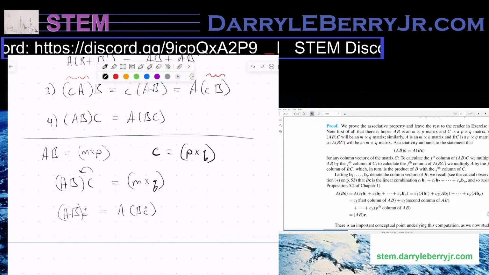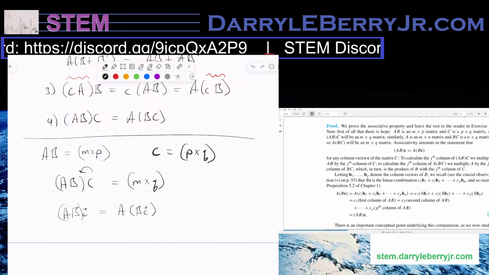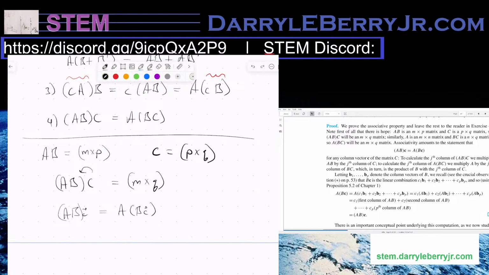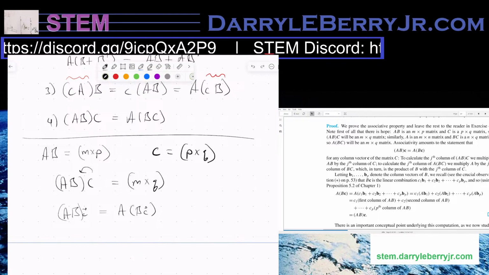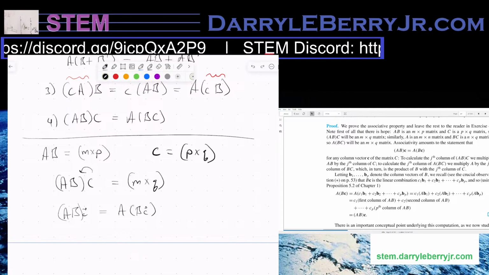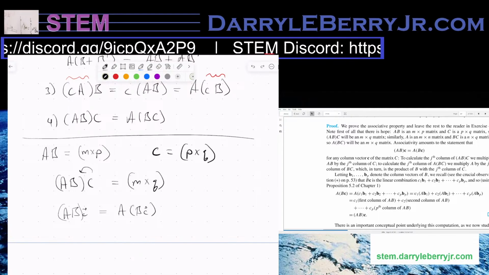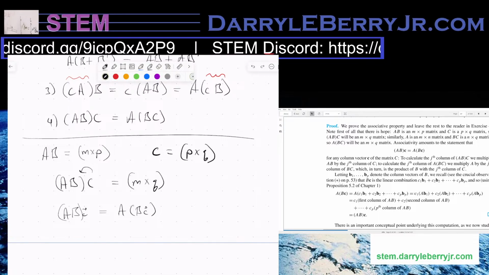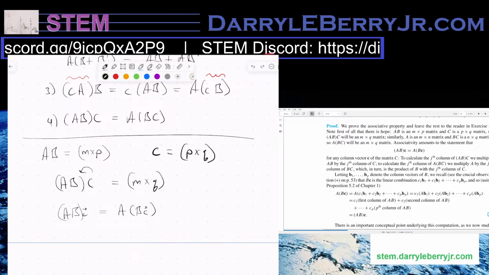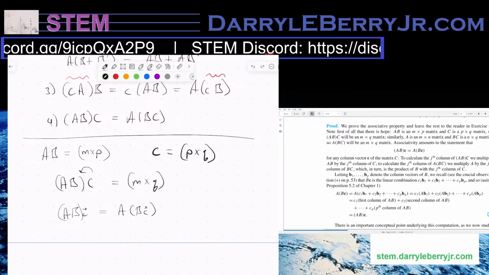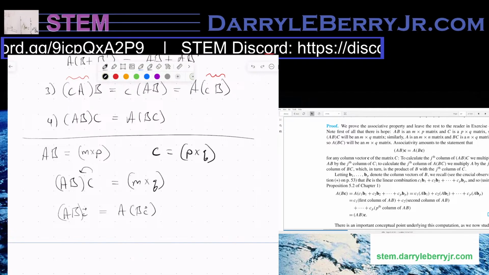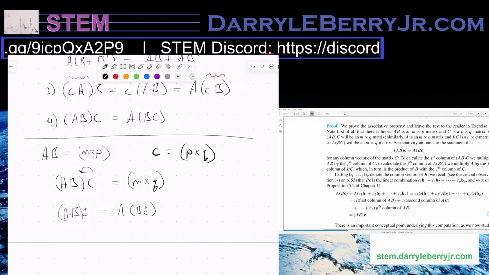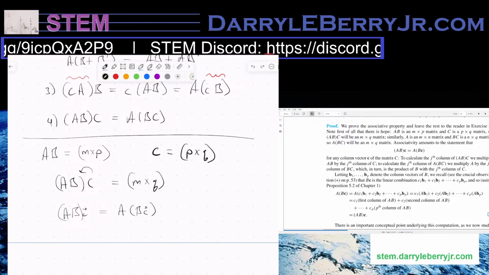Let B1 through Bp, which are column vectors, denote the column vectors of B. We recall Cesar Cruz's observation on page 53 that Bc is a linear combination of c1 B1 and so on and so forth. So B is the row vector. No, B is the matrix. That's right. And it's a linear combination of column vectors, Bc. Wonder why it's a plus though.